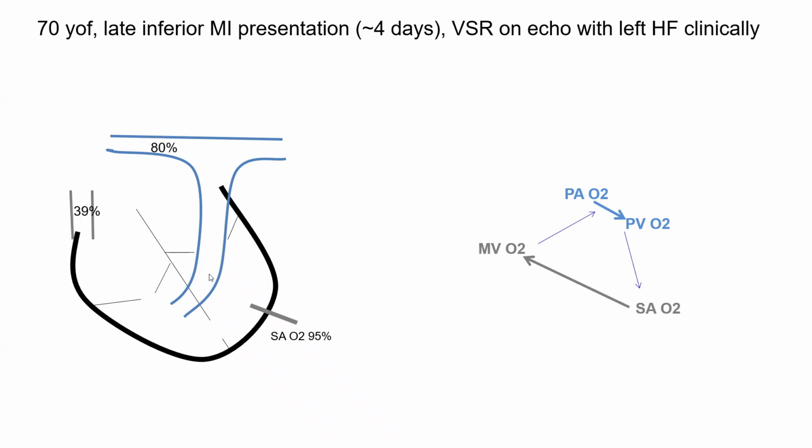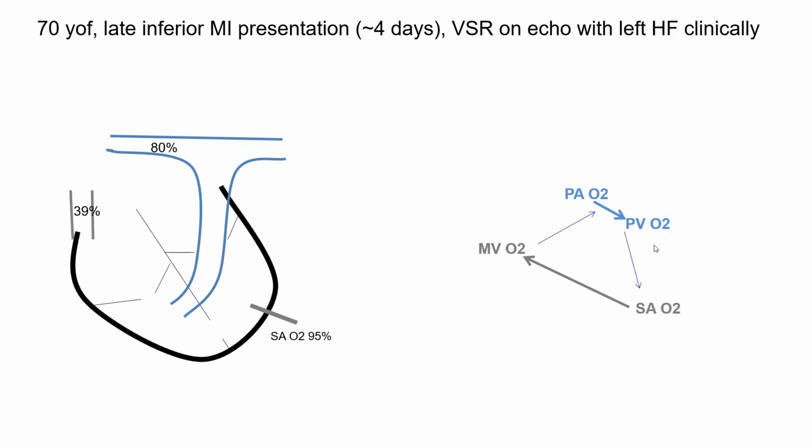Clearly, there is a big left to right shunt. And honestly, even if the arterial SAT here, I would have expected to be in the late 80s, it wouldn't really imply a right to left shunt. This is a patient with ventricular septal rupture. You expect her to have pulmonary edema and hypoxemia. So even if it is 88 or 85%, in this context it doesn't mean right to left shunt.